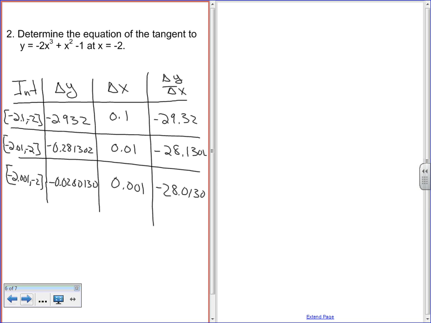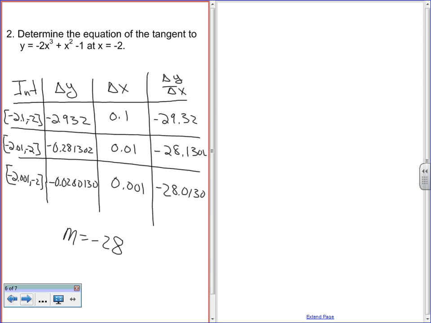Okay, so when you're dealing with the slopes of the tangent lines, I'll get you to round it off to the nearest whole number that the slope's approaching. So what does it look like the slope of the tangent line is in this case, David? Negative 28. So we're going to use negative 28 as my slope. That's the first thing I figured out.